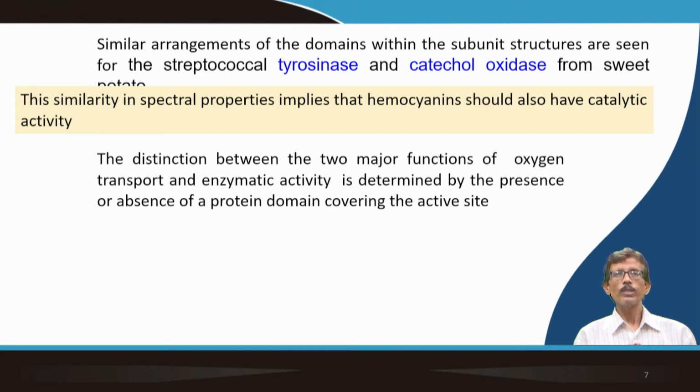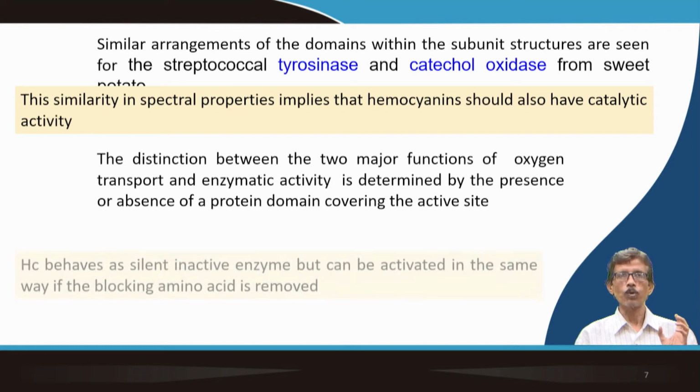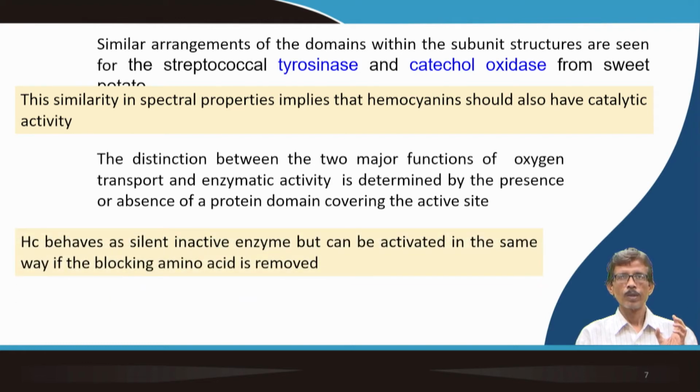The distinction between the two major functions, oxygen transport and oxygen activation, in these proteins is determined by the presence or absence of a protein domain covering the active site. Like the corresponding covalent bond formation in galactose oxidase, something can happen here also, such that you can see that it is an enzyme, not an oxygen binding and transport protein like hemocyanin.